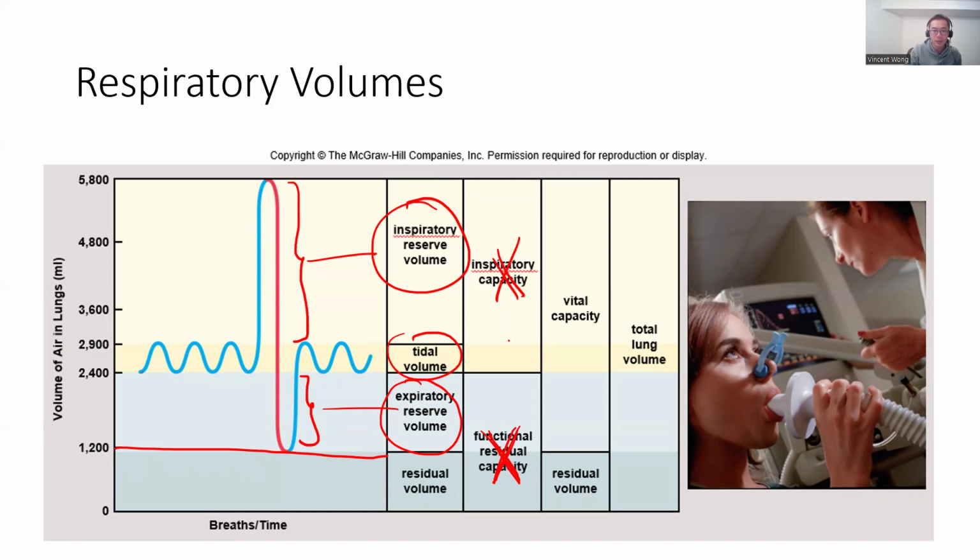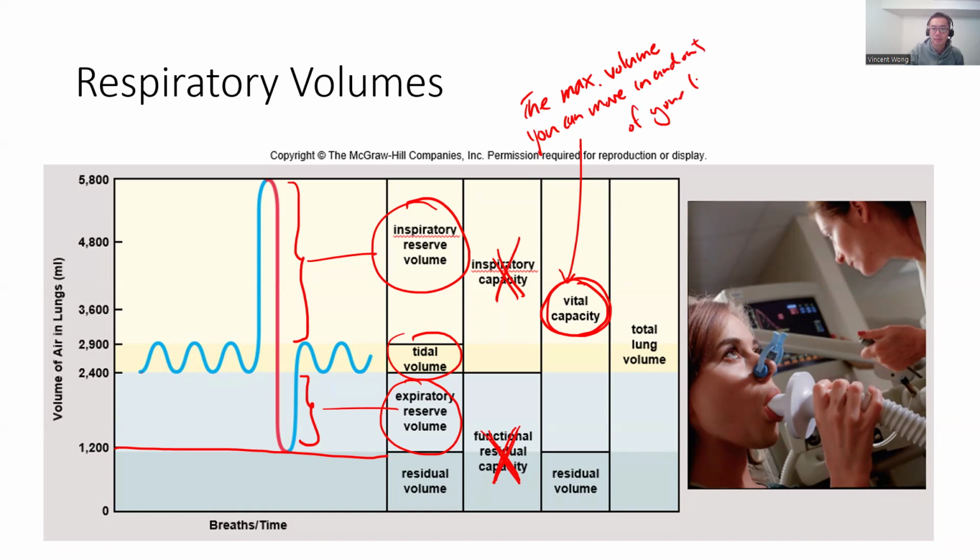And together, all these things are called the vital capacity. Vital capacity. That's essentially the maximum volume you can move in and out of your lungs voluntarily.